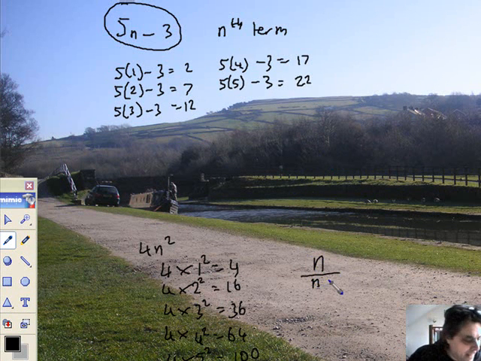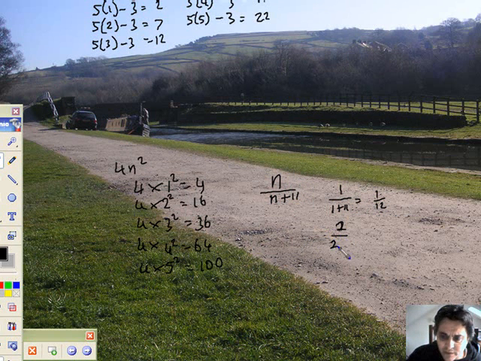There are other dodgy ones that look a bit like this. n over n plus 11. It's not difficult. You merely substitute 1 in each, 2 in each, 3 in each, etc. So let me start you off. 1 over 1 plus 11, that's going to be 1 over 12. Leave it like that. Next one, 2 over 2 plus 11, that's 2 over 13.